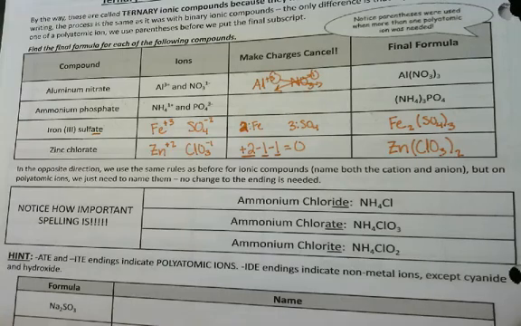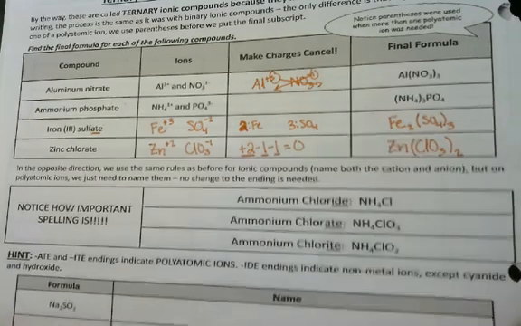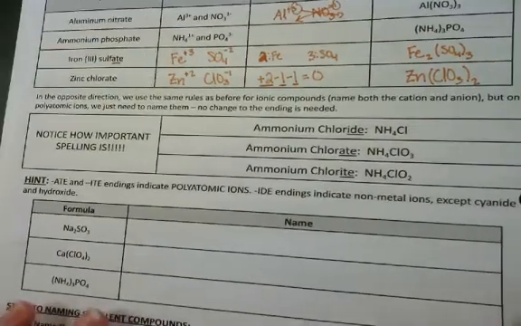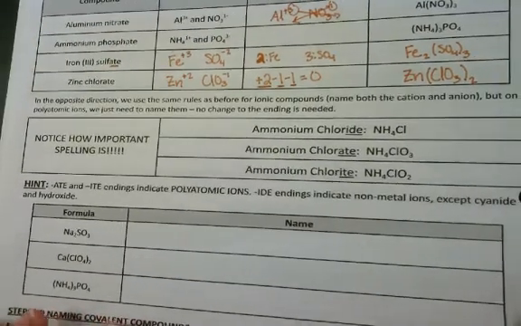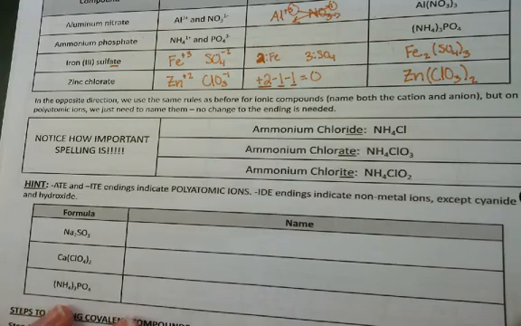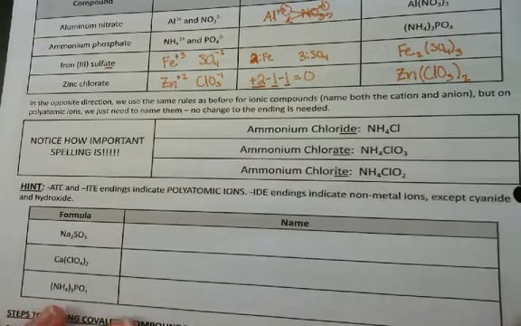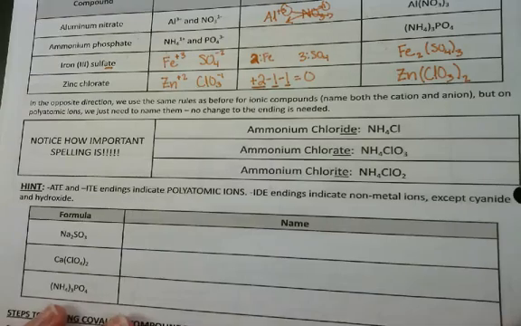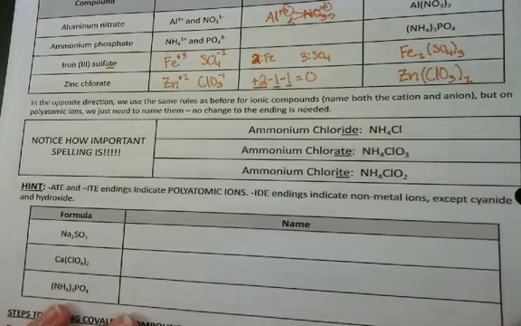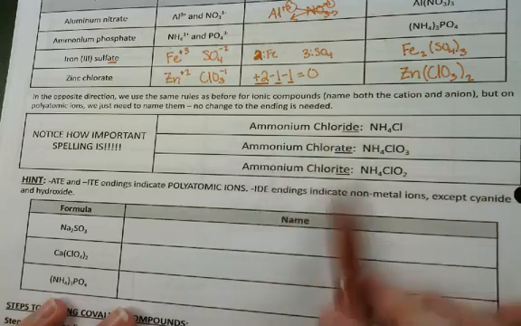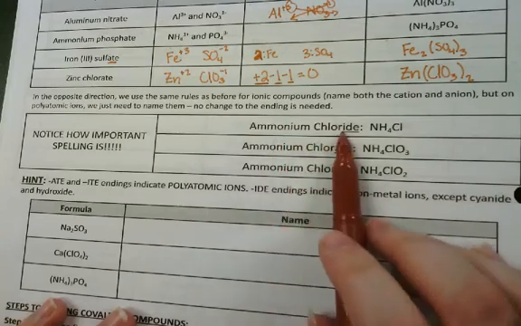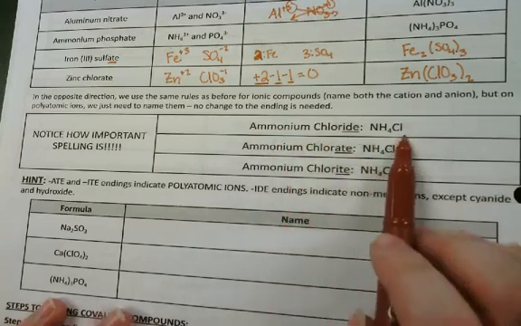Now, whenever you are looking at the name or writing the name, spelling is super, super important, because that ending is going to tell you whether you're dealing with a polyatomic ion or just a regular nonmetal, and even specifically which polyion it is. So here, ammonium chloride is NH4Cl.